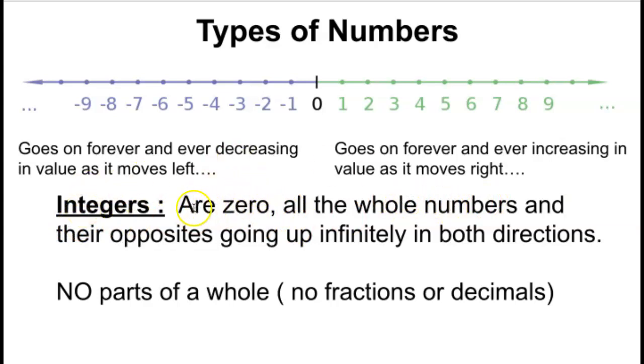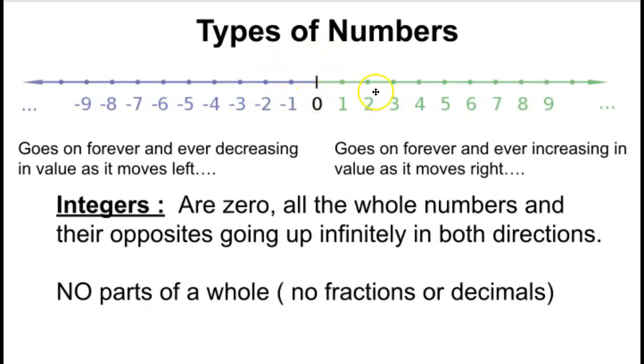But integers will include 0, all of the whole numbers, but it also includes their opposites. So we have 0, which is a whole number. We have the number 1, and then we have the opposite of number 1, negative 1. 2, the opposite, negative 2.